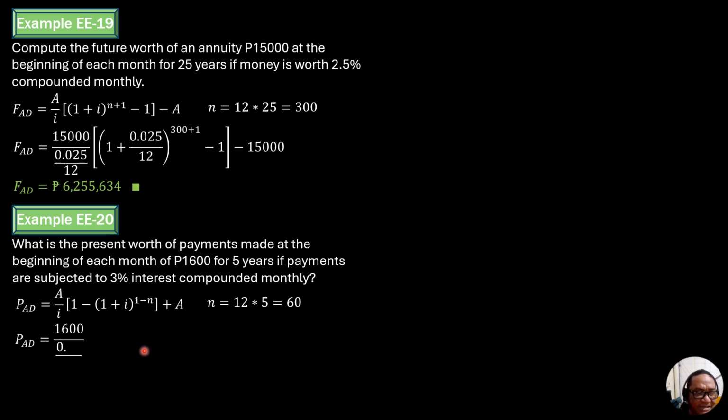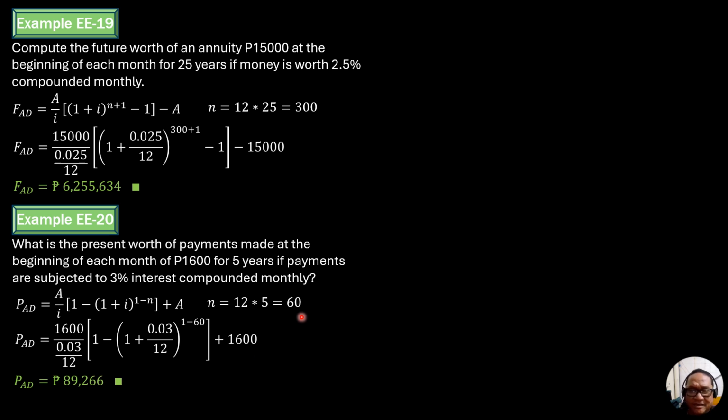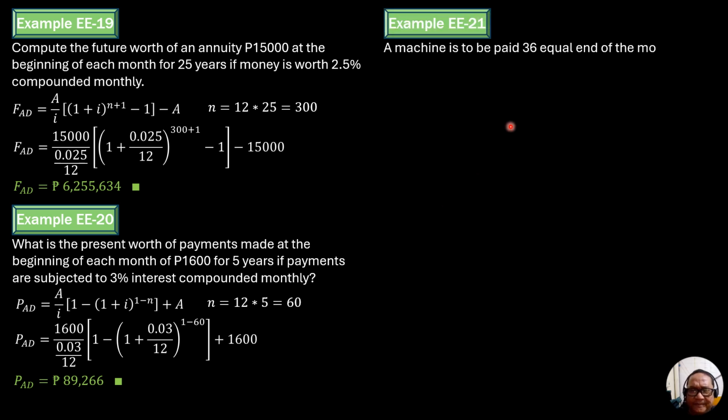So 1,600 over 0.03 over 12, quantity 1 minus 1 plus 0.03 over 12 raised to 1 minus n, and n is 60, plus 1,600. So solving for that, it is equal to 689,266 pesos.